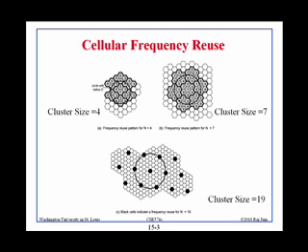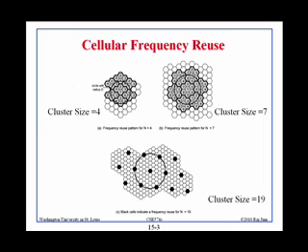And when you divide into cells, you first decide a cluster size, where cluster size is basically how many cells in the cluster will have different frequencies, and then as soon as you get out of the cluster, we reuse the same frequencies. So if you have a cluster size of 4, you will have 4 different frequency bands that you will use in that cluster, and as soon as you get out of that cluster, you will use the same 4 frequency bands again.